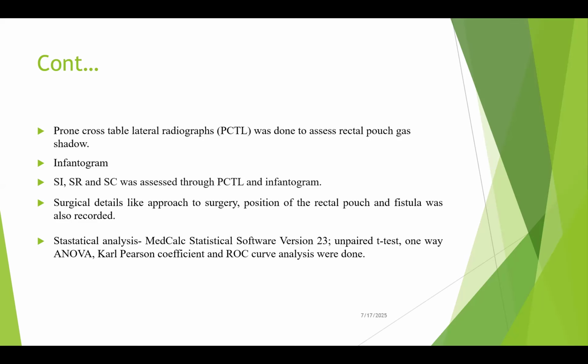Sir, the purpose of this study was that at our center we started doing primary PSARP. On most occasions we were confused whether we should go by APPT or primary PSARP. For that, the need for this invertogram and the ratio of sacral curvature came into place. Even for the patient who came for second stage surgery, we asked for a neonatal X-ray only.